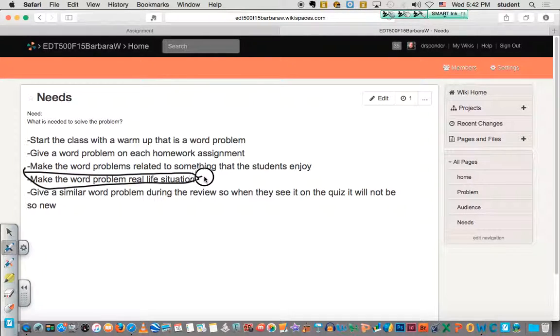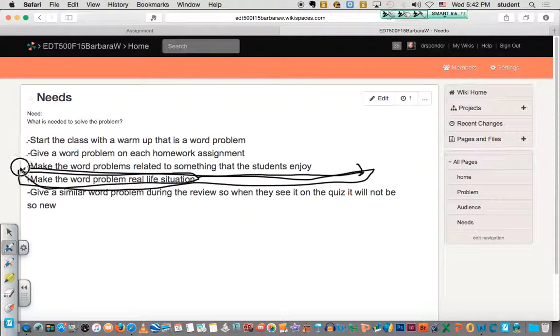Okay, so in this case, you'd actually design a set of materials that would reflect real life situations, not just one. That would be your project, to make an instructional design plan for making these word problems, so you can do it again next year the same way, and so on and so forth.